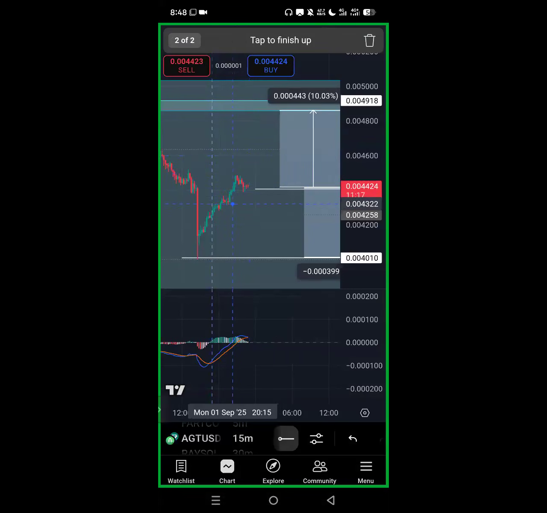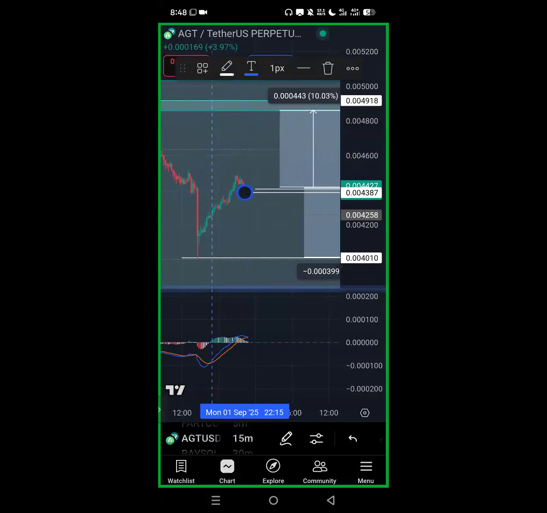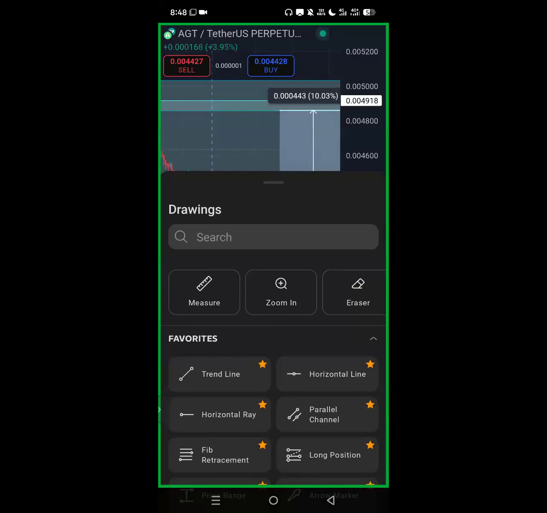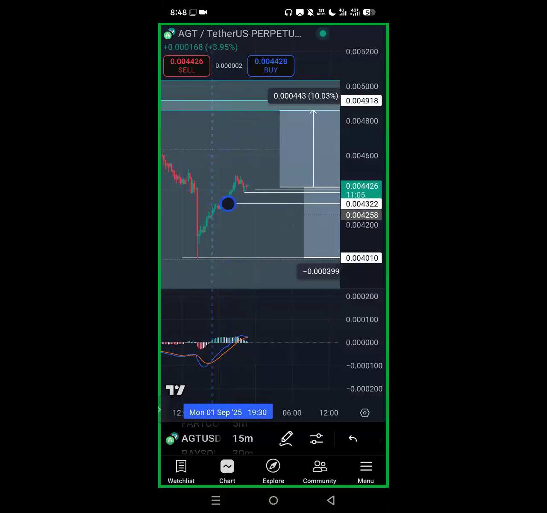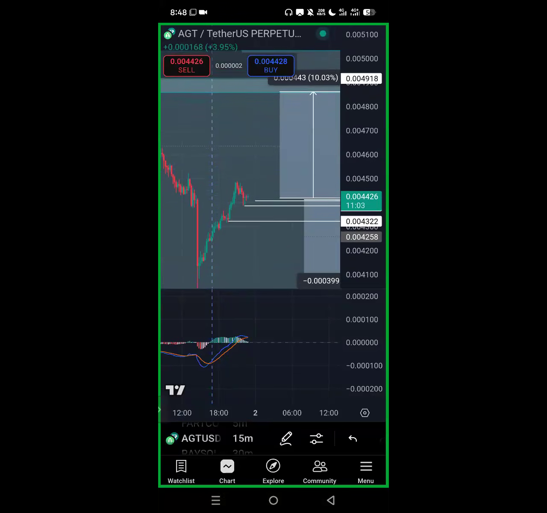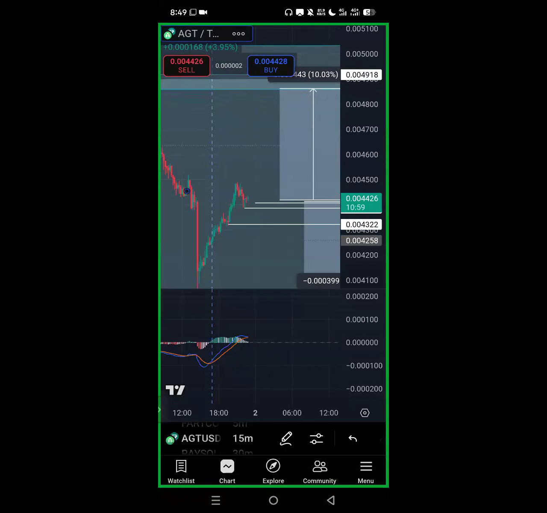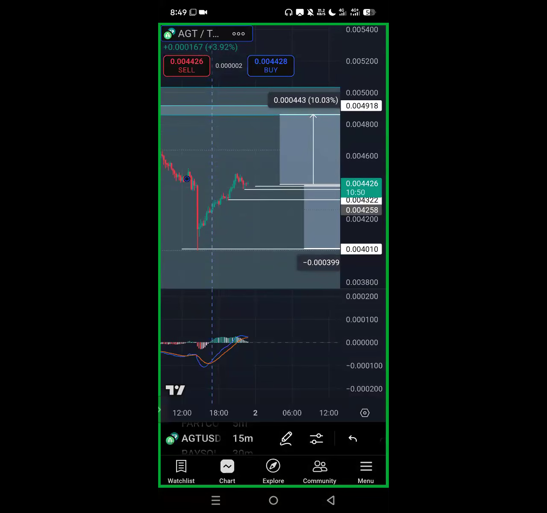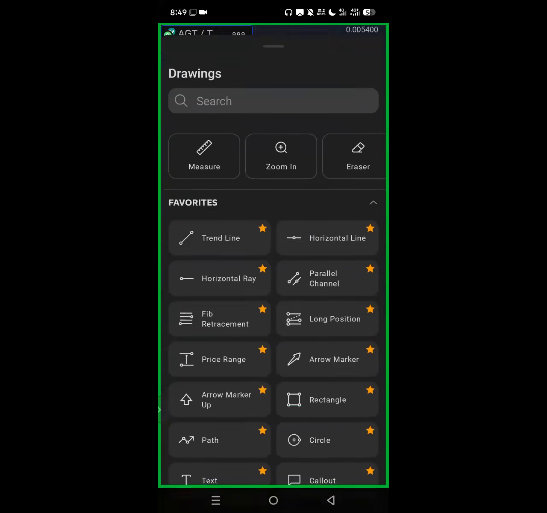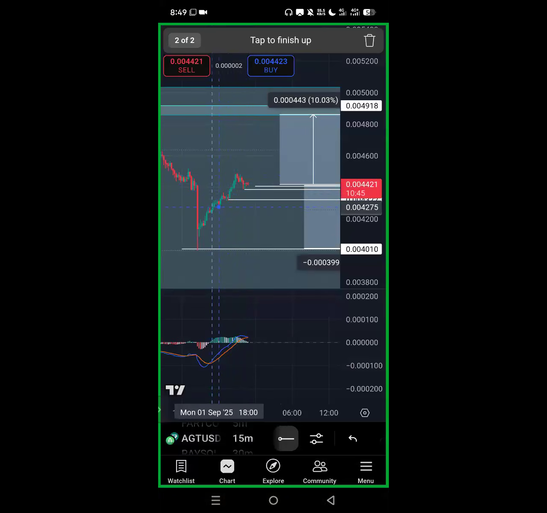Look at this area. Look at the first zone here. This is one. This is what we call being intentional. There's a smart money concept that I love using, but let's use support and resistance here just to have an understanding.